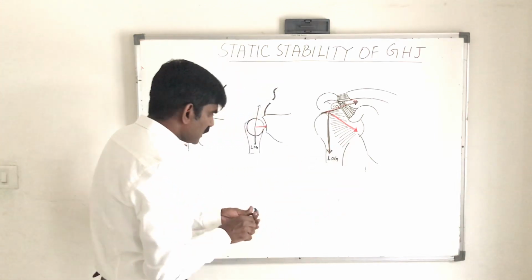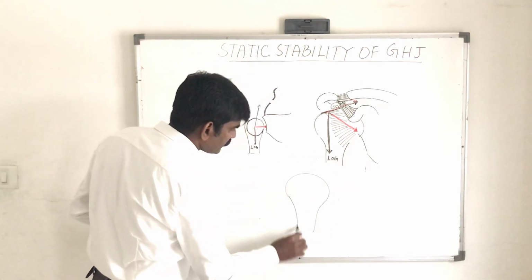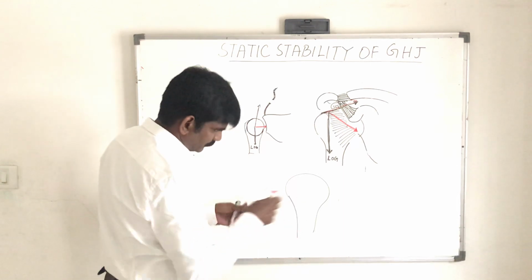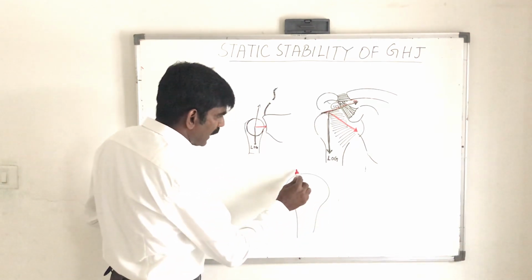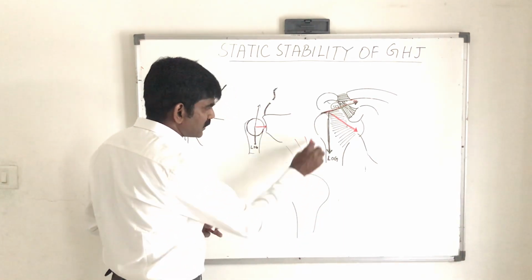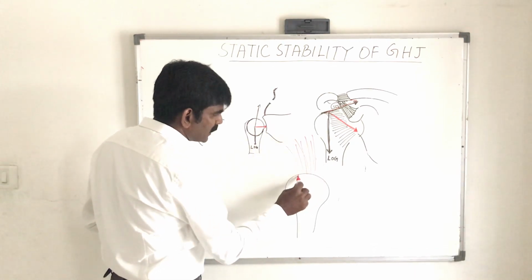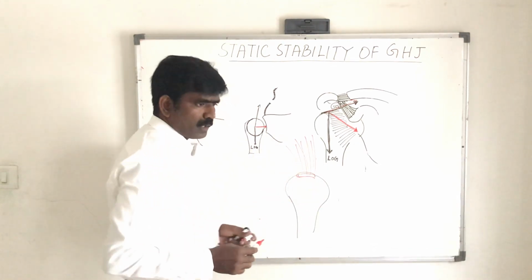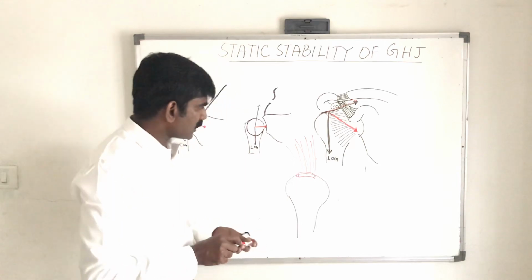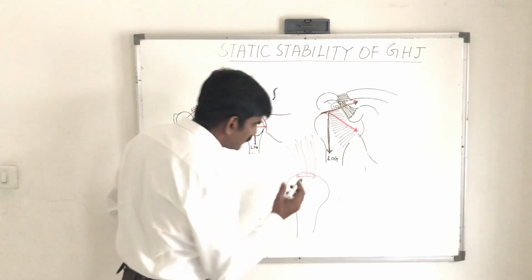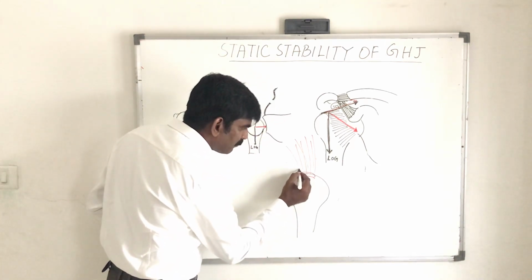Clear? Suppose you take a lateral view of the humerus, and this is the supraspinatus muscle. Clear? The supraspinatus muscle is attached to the upper impression of the greater tubercle. First it blends.